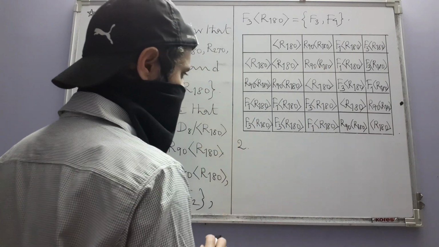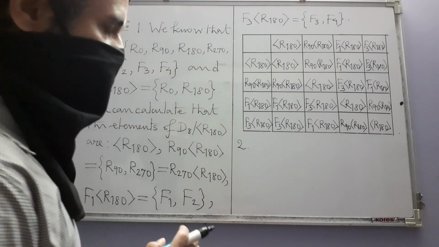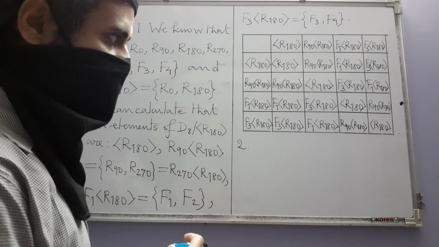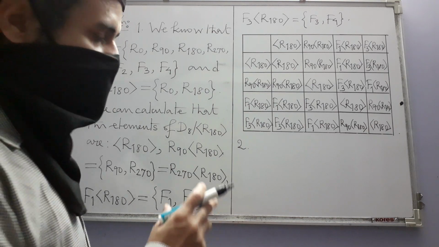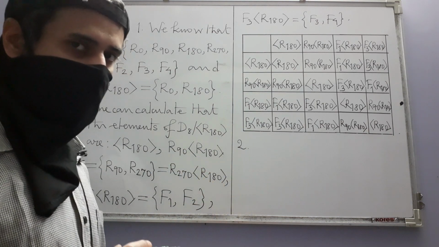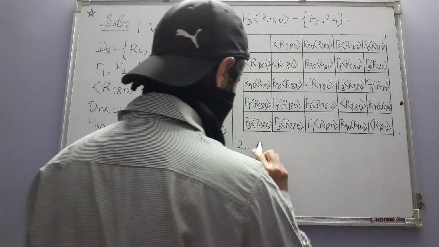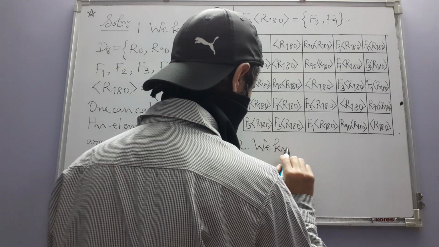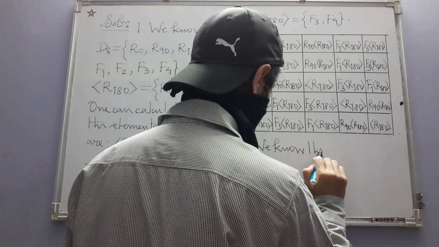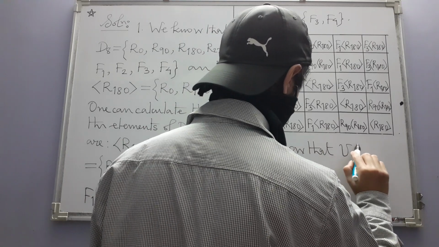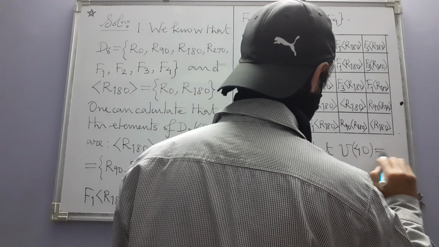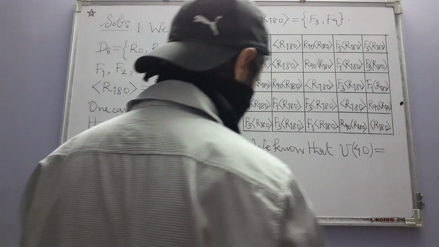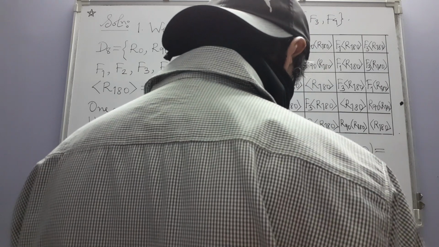Then in part 2, our original group is U40, which consists of all the positive integers less than 40 and relatively prime to 40. And the binary operation is multiplication modulo 40. So let us see what the elements are. When you write down the elements, it is easier to calculate the things.